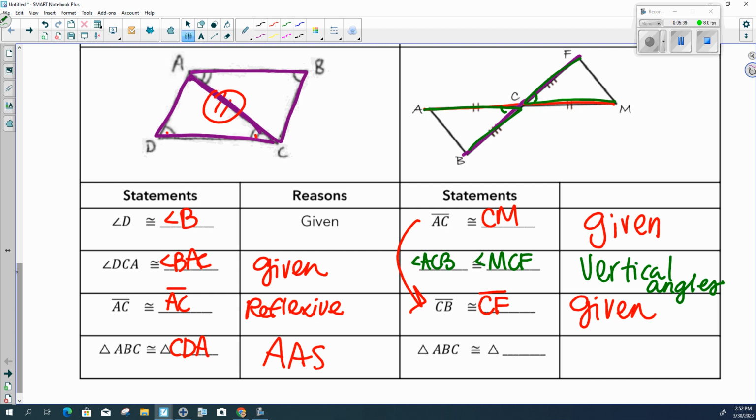All right, now I've got side, angle, side. And my congruent statement, they started with ABC. So I need to mirror that and do MFC.